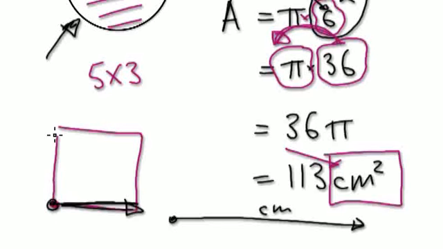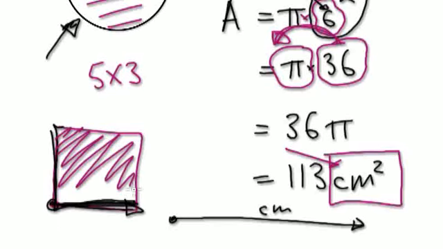But because we've worked out the area, it's this times this. Remember, you can't say a string is 13 centimeters squared. It doesn't make sense. A string is a length.